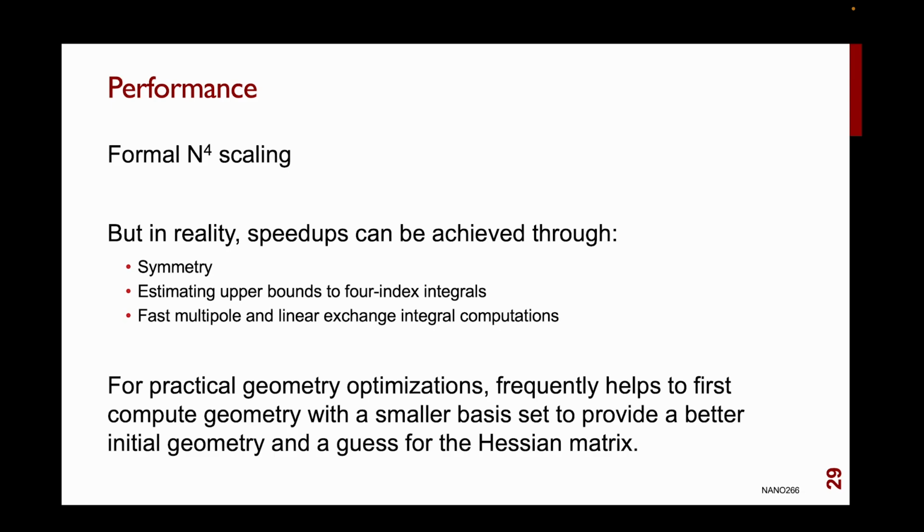For practical geometry optimizations, it is very often helpful to first compute your geometry using a smaller basis set to get an initial geometry, and also to get a guess for your Hessian matrix, before you then do a more accurate calculation using a larger basis set.